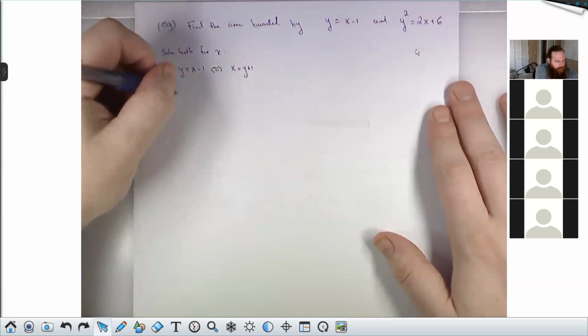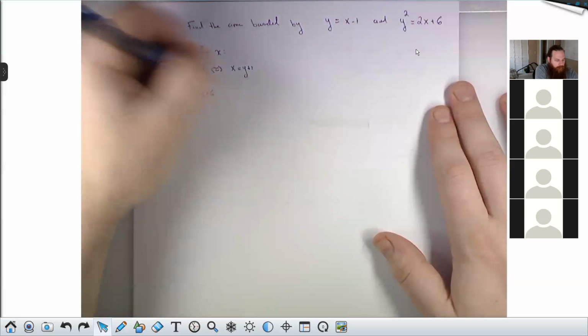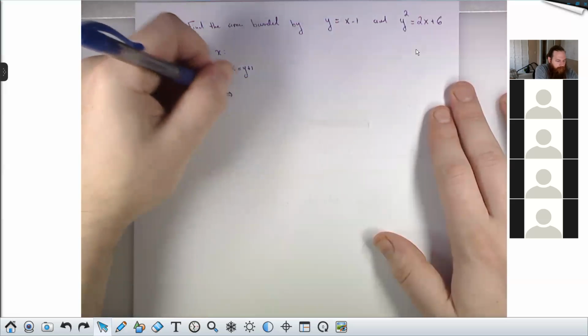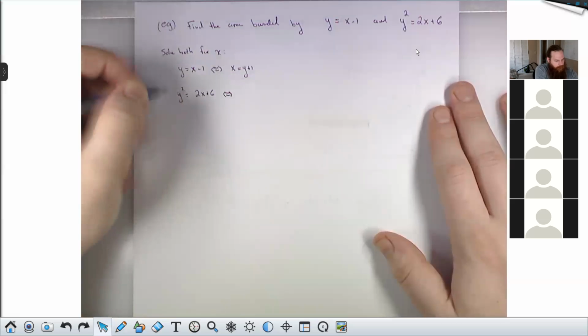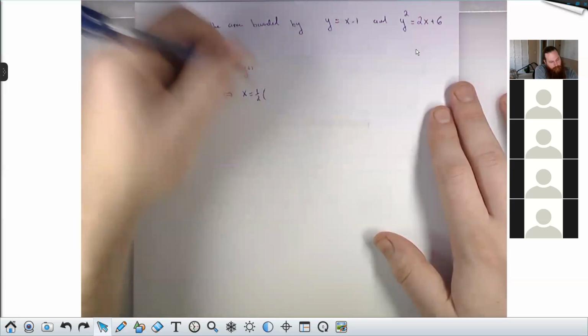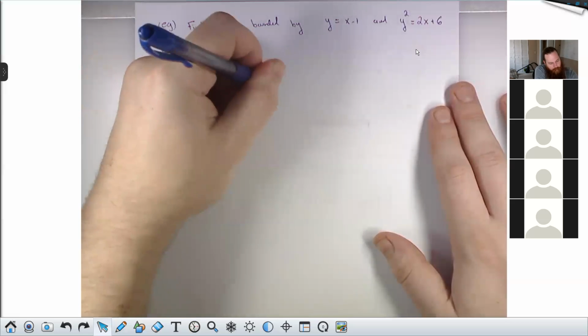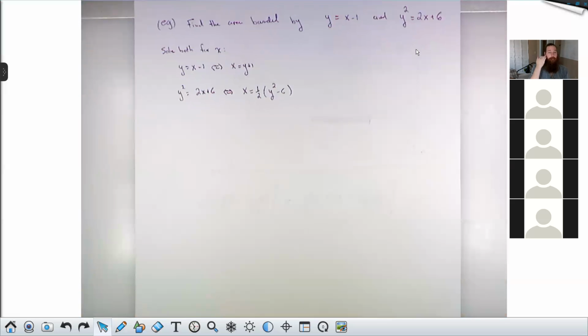And the other one, y squared equals 2x plus 6, that's the same as saying x equals 1/2 times y squared minus 6, like that. So here's f of y, and here is g of y.